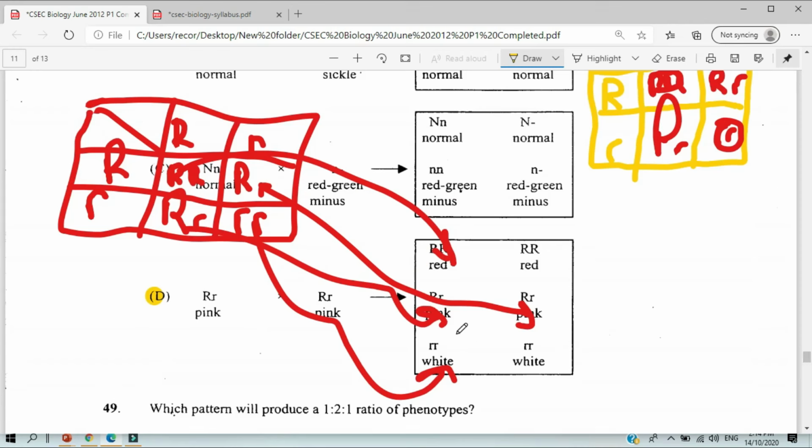So from this you're going to have 1 red, 1 white, and of course 2 pink. So there we end up with a 1 to 2 to 1 ratio. Of course, you'd have to work it out using the heterozygous here in order to get the answer. This might be a little distracting.